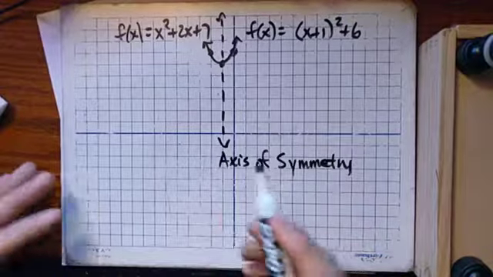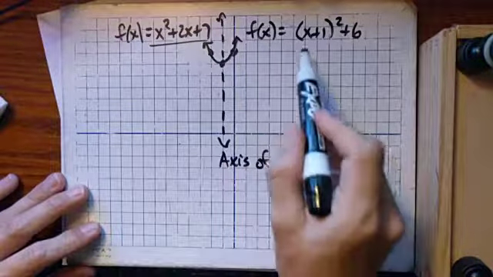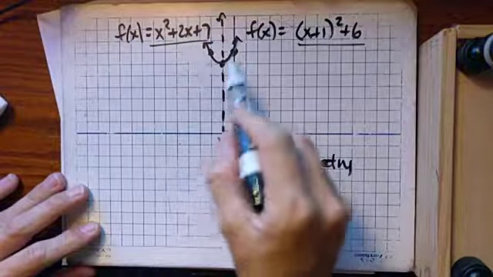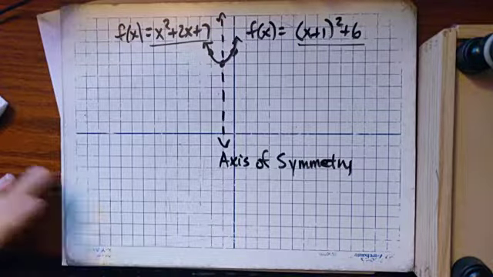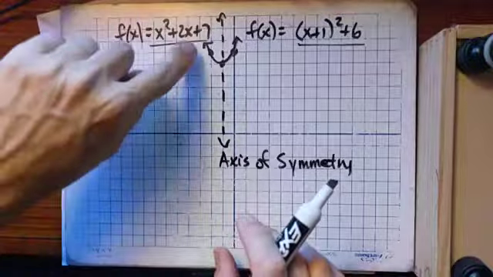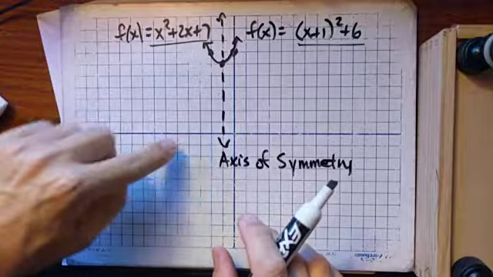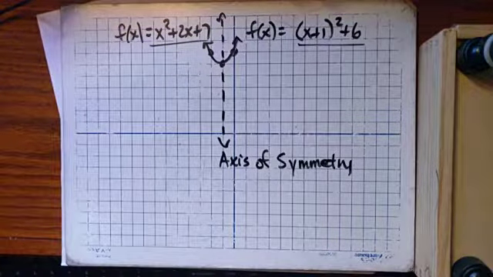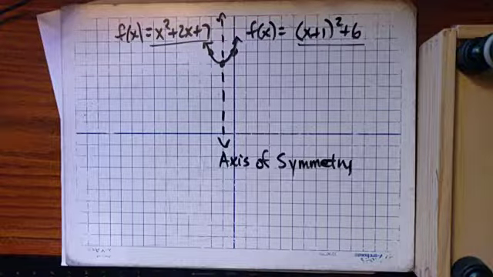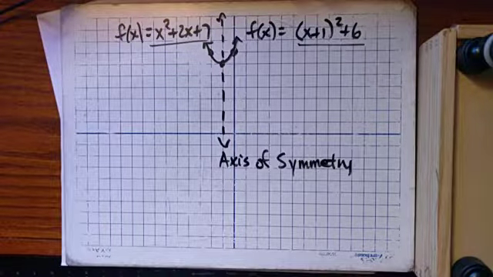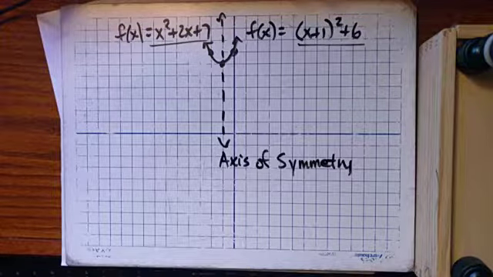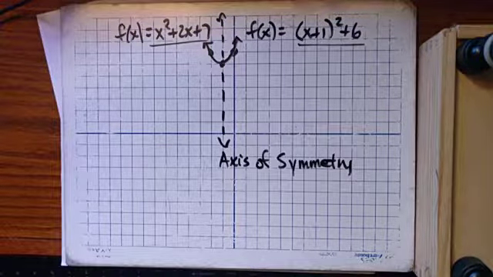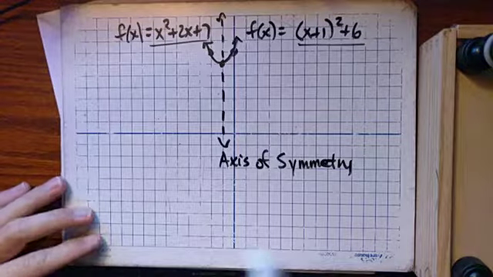Okay, so if you went to Desmos and graphed this, and you graph this, you should get the same exact graph both times. Okay. It's important to know also that this graph does not cross the x-axis. So when you find the zeros of this, when we try to find out where it's equal to 0, you get some imaginary numbers.